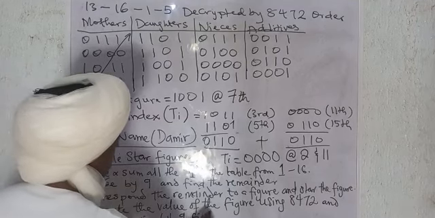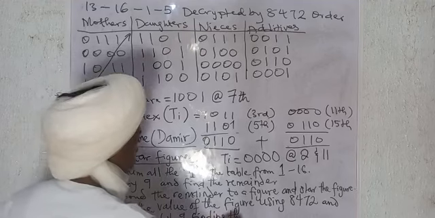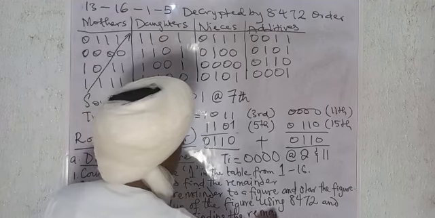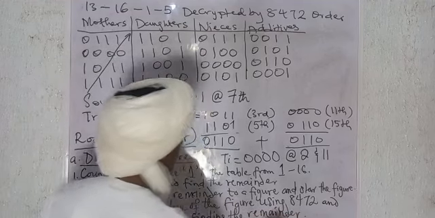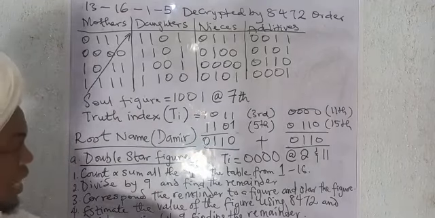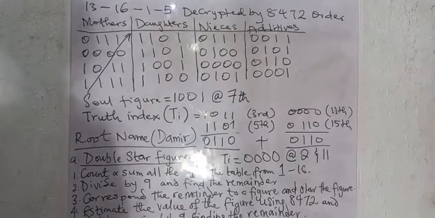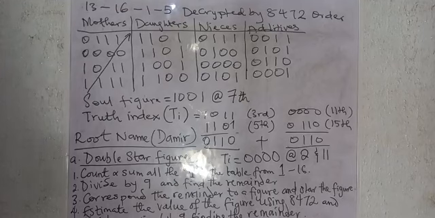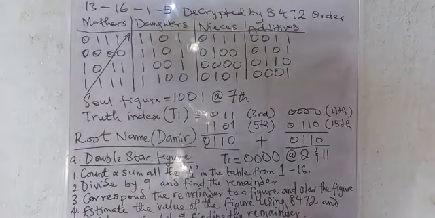Find the remainder. So you start repeating the process. You correspond the remainder to another house again. You estimate the value again.